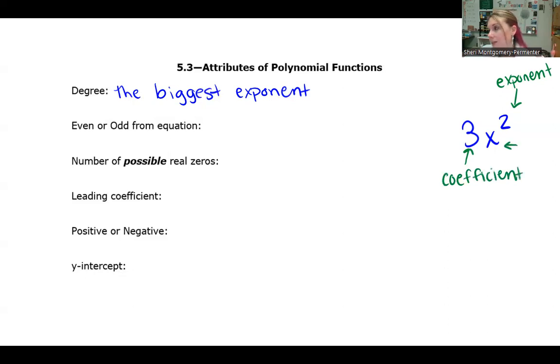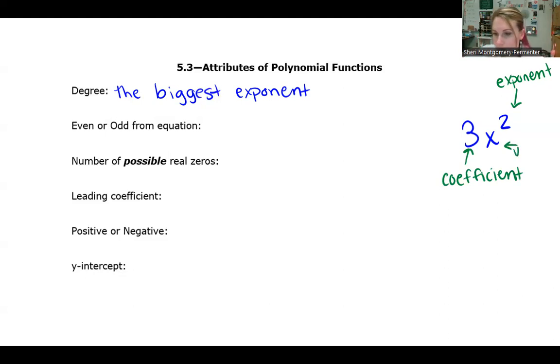The number that's in front is called a coefficient. What is the x called? Close. A constant is a number that's all by itself with no variable. What is the x called? Starts with a V. A variable.